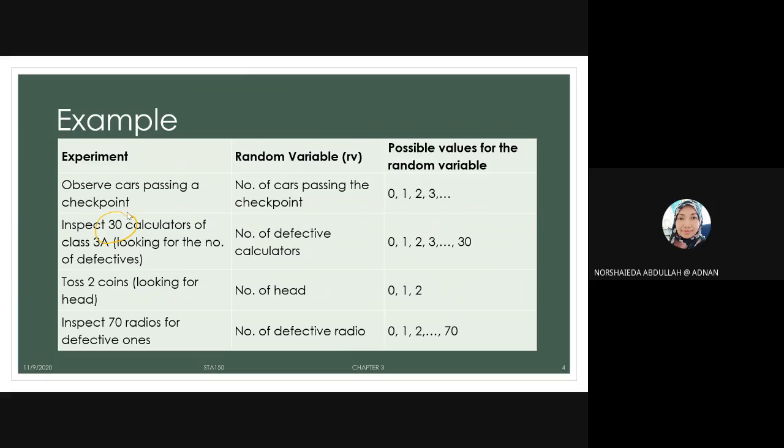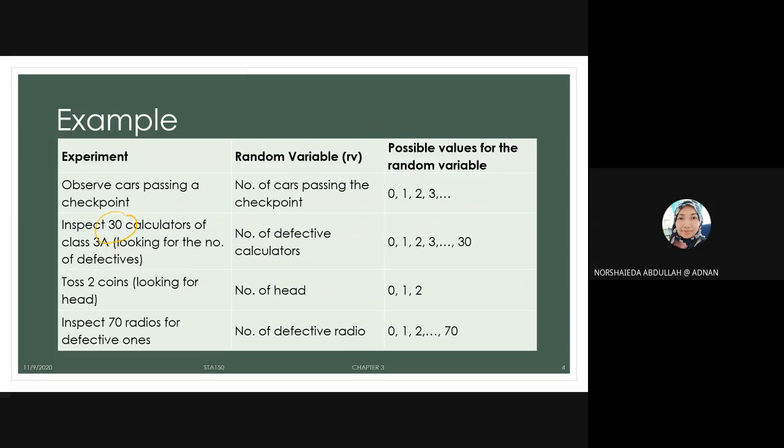So the possible number of defective calculators is either 0, 1, 2, 3 sampai 30 lah, because we inspect 30 calculators, so paling banyak pun 30 defective, meaning that all the calculators are defective.